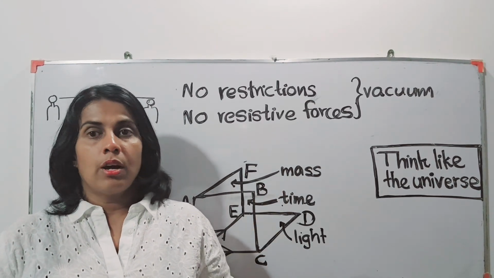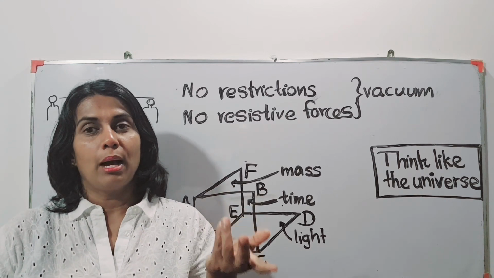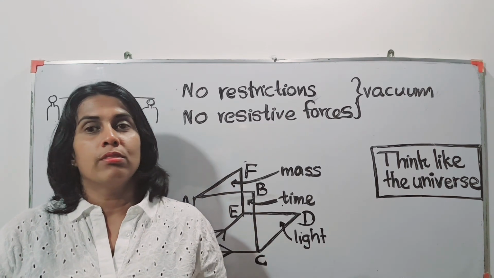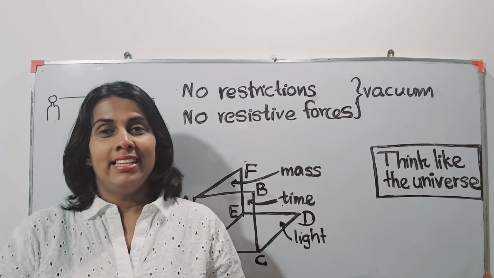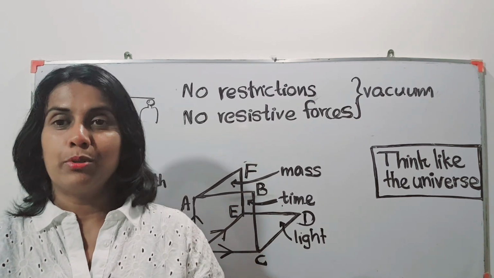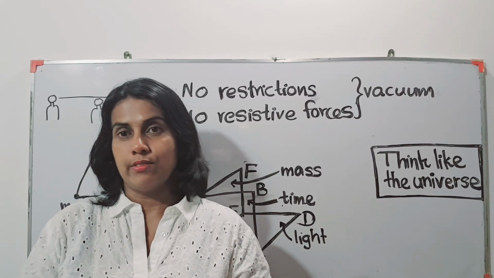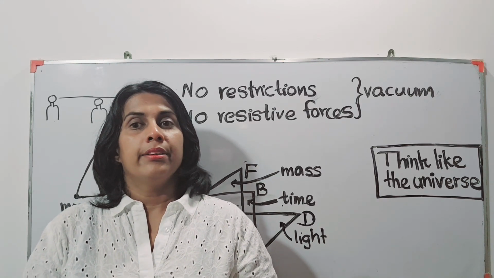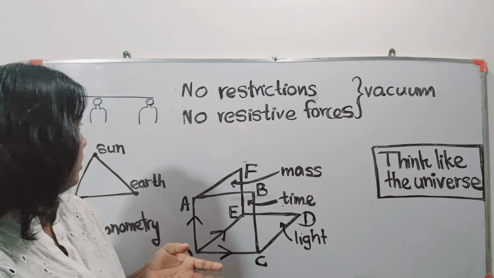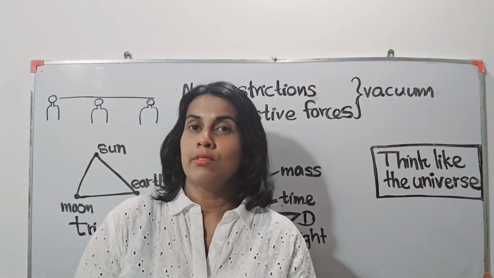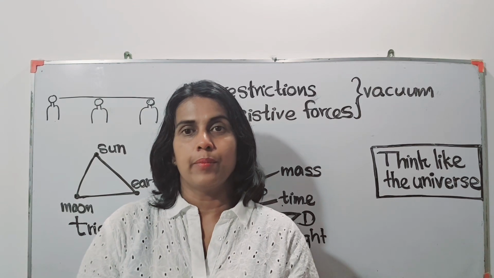But when it comes to our world, if we throw a ball upward, it undergoes resistive forces. So it never goes up continuously. It can travel only up to a certain height, and then because of the air resistance it comes down. So those kinds of resistive forces are not there at the universe's origin.